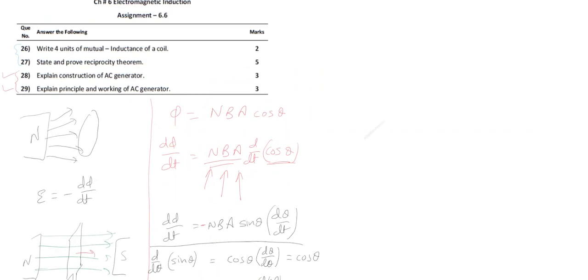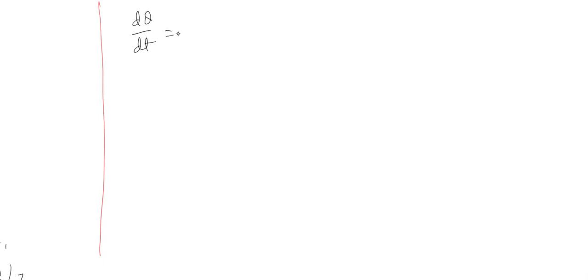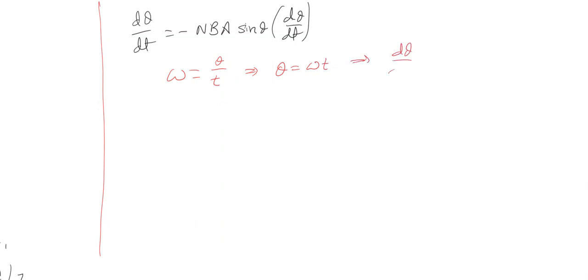One thing I forgot here is that the differentiation of cos theta is minus sine theta, so I should mention minus sine here. Now we have d phi by dt as minus NBA sine theta d theta by dt. But if I take the angular velocity, the speed of rotation, that is omega, then theta is omega t, and d theta by dt will be omega.